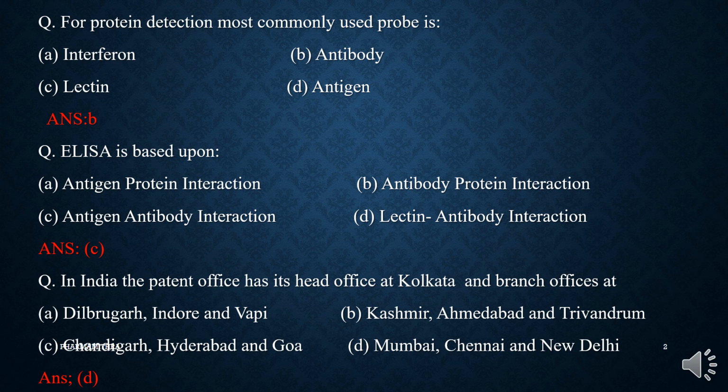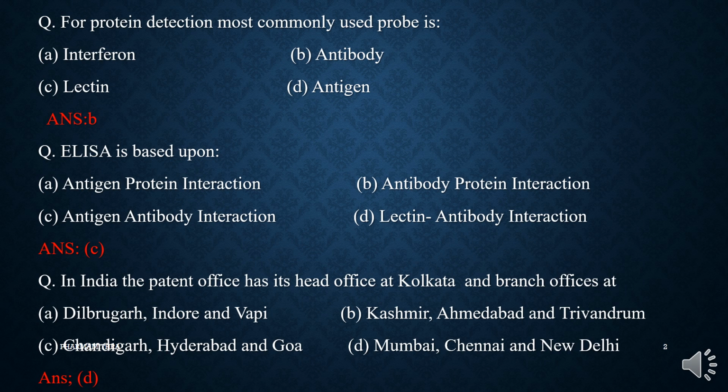This question is asked from the blotting technique. In Western blotting, we studied that the protein is transferred from the polyacrylamide gel to the nitrocellulose layer, and this is done with polyclonal and monoclonal antibodies. So we studied this for using the probe in Western blotting or the blotting technique.